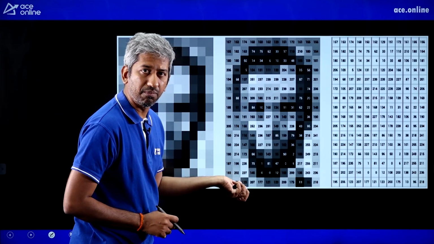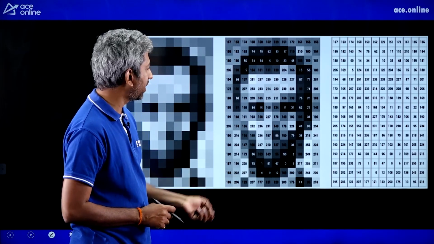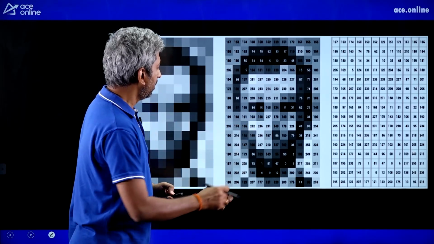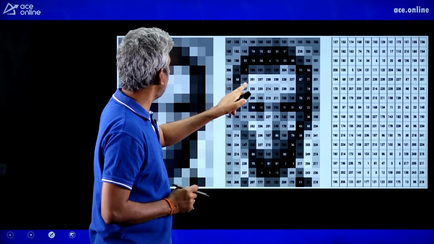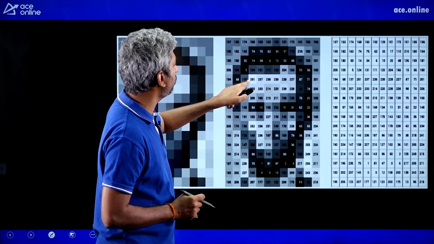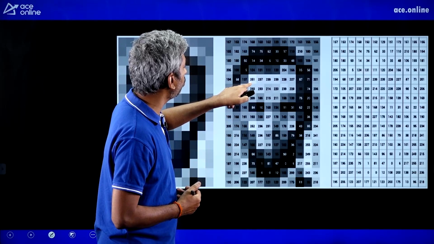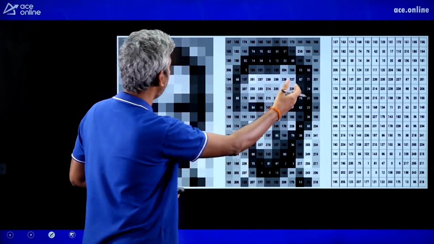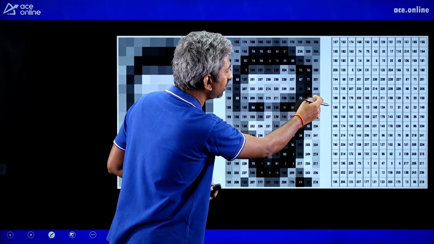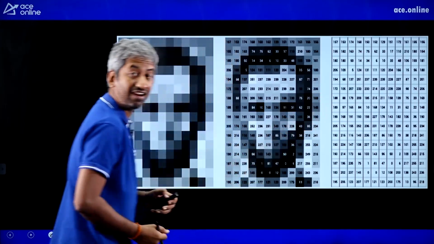So black color, right? In between, you have the white portions that we have here in these cells, and their value is always greater than 225. And whenever we have gray, that is 164, 148, 100.